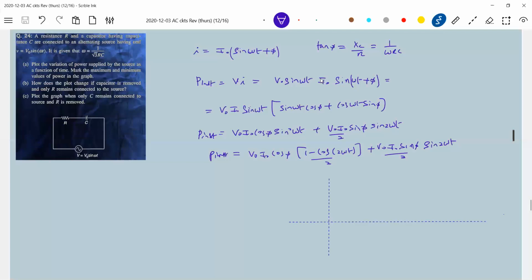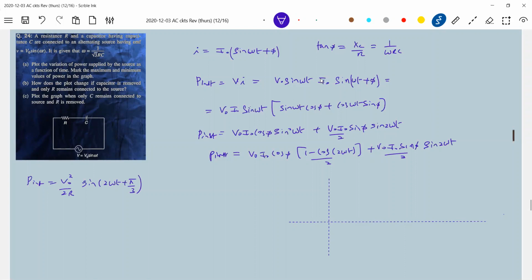Okay, pure sine wave. Just give me the final equation. V naught square by 2R into sine of 2 omega t plus pi by 3. So that's the equation you got. Omega values are also given, no? Okay, this will be sinusoidal.